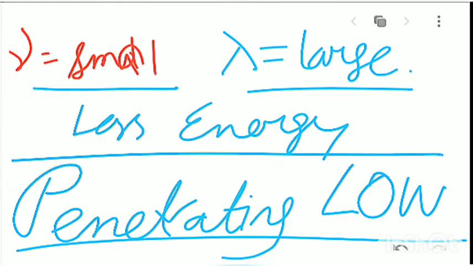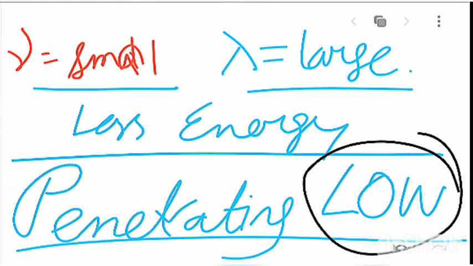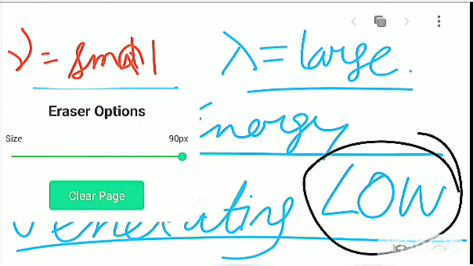So these things depend on the X-rays' frequency and wavelength. So how can we control that?